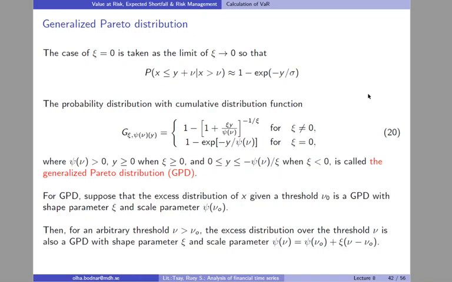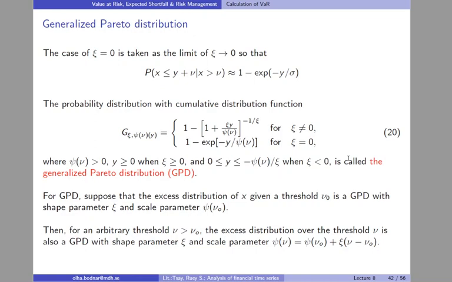The probability distribution with this cumulative distribution function, where this is exactly the limit and this is the equation for the rest, is called a generalized Pareto distribution.